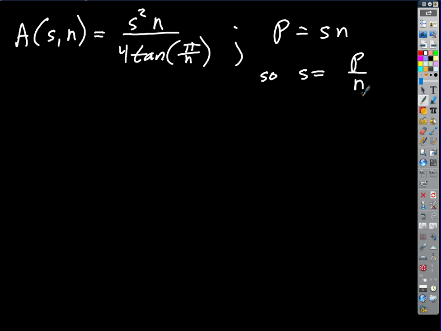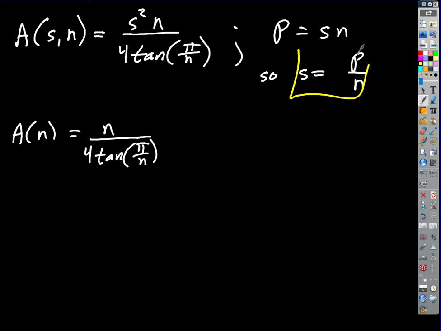and compare the areas, right? So if we make that substitution, then we get A as a function of n equals, every place we have an s, we can replace that with P over n. So we've got an s squared. So let's just multiply that part by s squared, how about? Right, so we've got n over 4 tangent of pi over n times s squared, which is P over n squared, right?